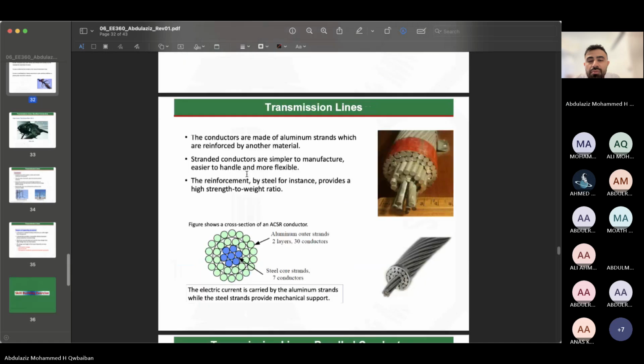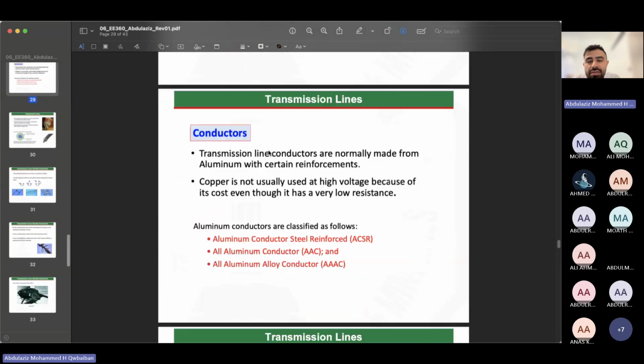Then shortly we talk about the conductors. Transmission line conductors are normally made from aluminum with certain reinforcement. Copper is not usually used at high voltage because it's expensive. So we use aluminum with reinforcement. What is the reinforcement? It's steel.